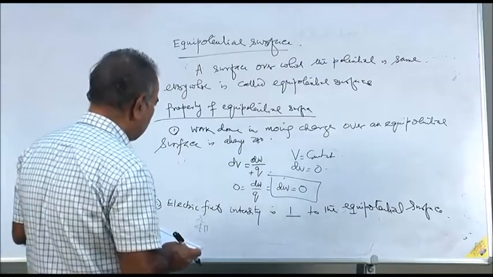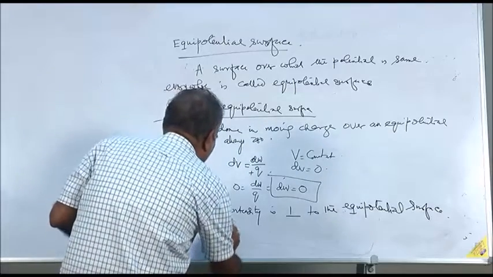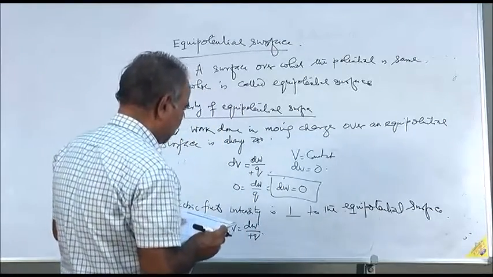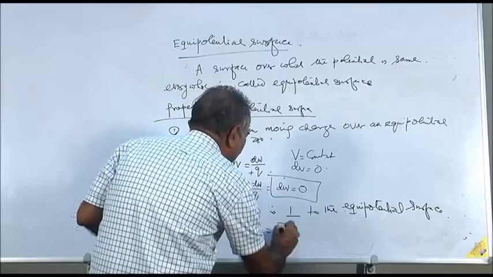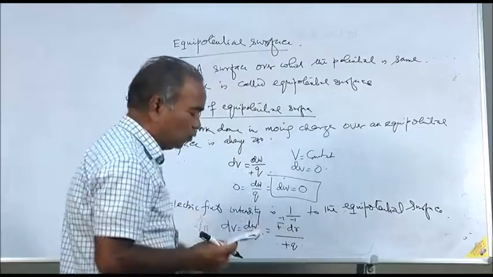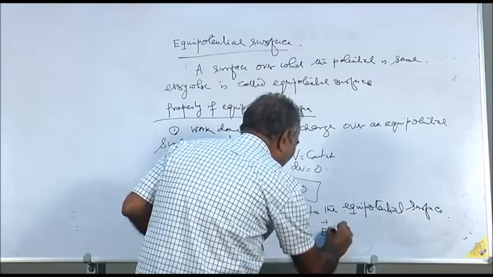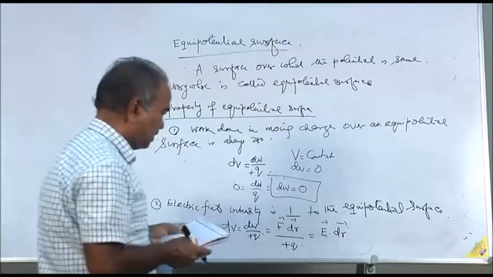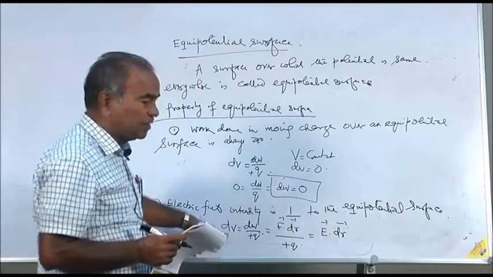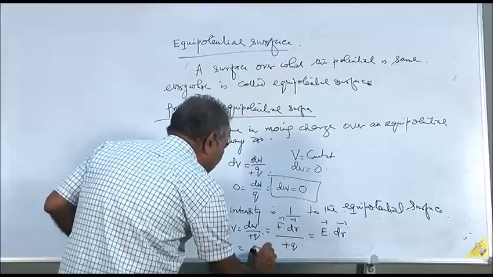You know dV is equal to dW by plus Q. dW is F dot dr divided by plus Q, and F by Q, the force experienced by a unit positive charge, is E. So, this is E dot dr. Since potential is constant, dV is equal to 0. Thus, this gives you 0 is equal to E dot dr.